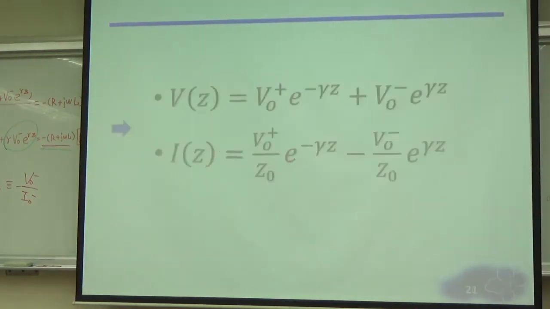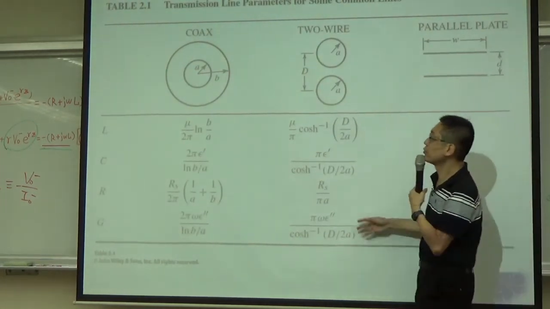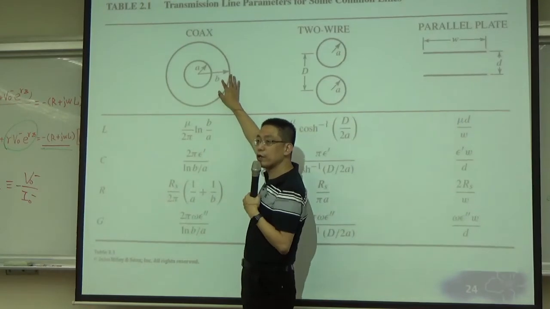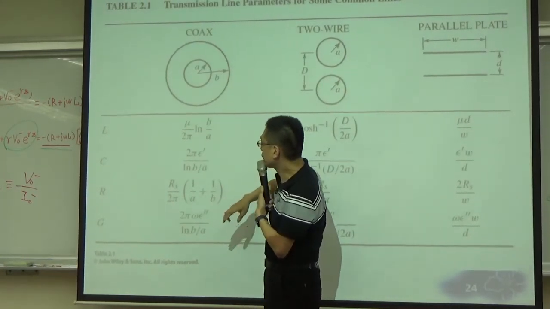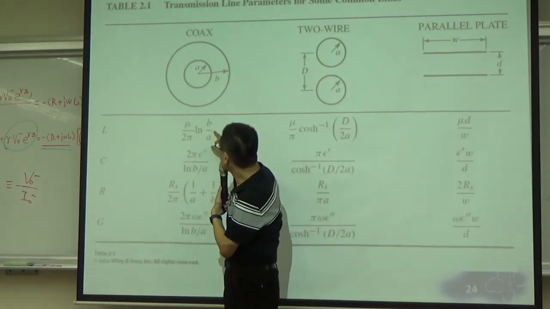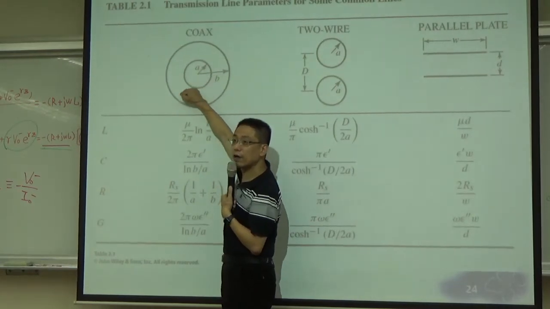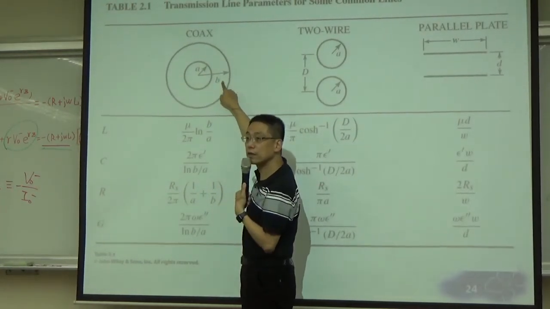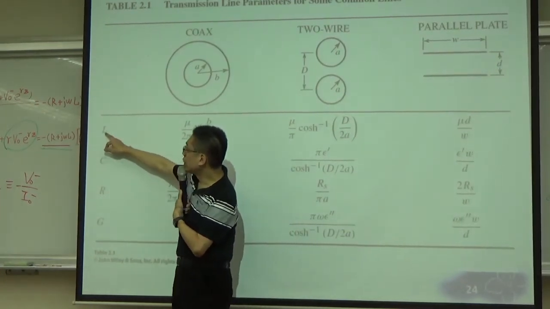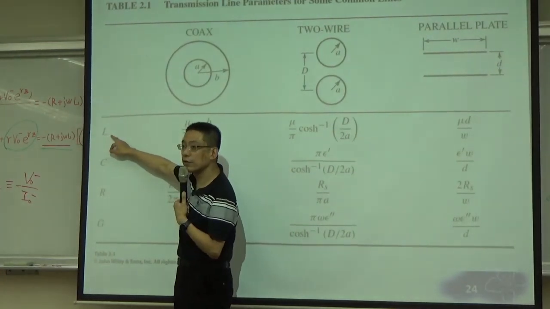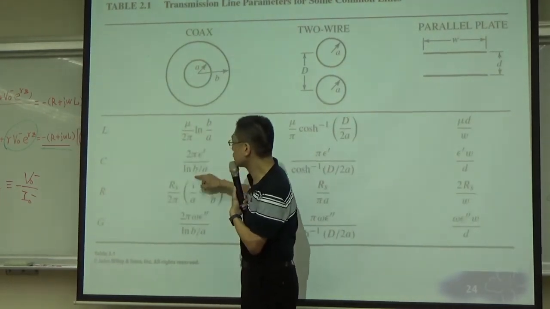So actually, there are equations. This is a coaxial cable. If your inner radius is A and outer radius is B, you can obtain your inductance per unit length and the capacitance per unit length as these two equations.